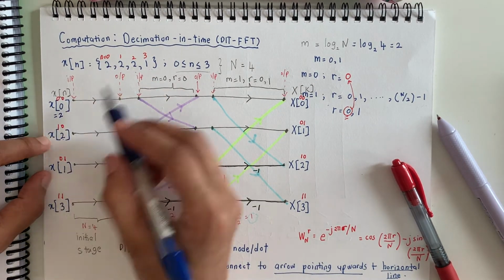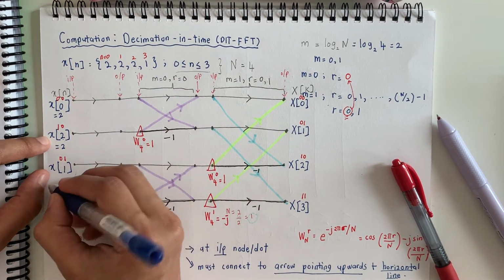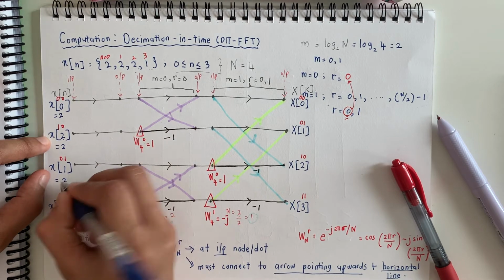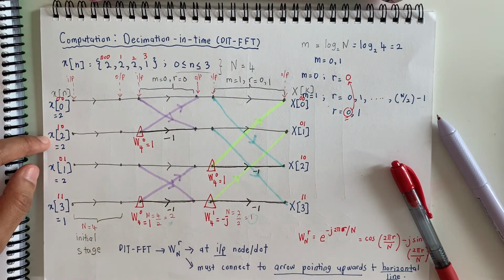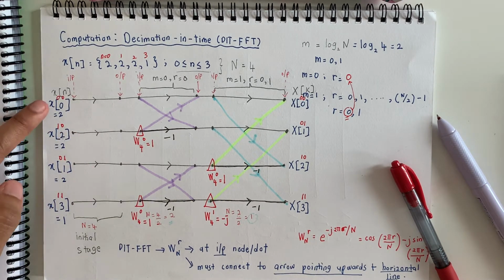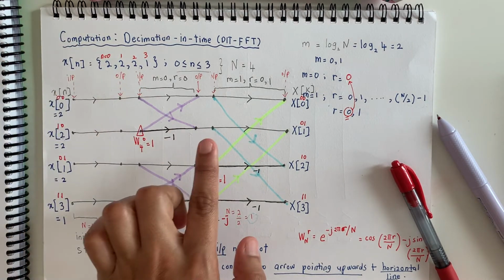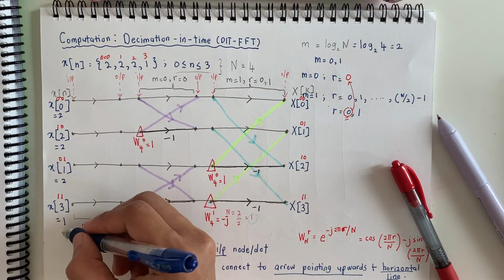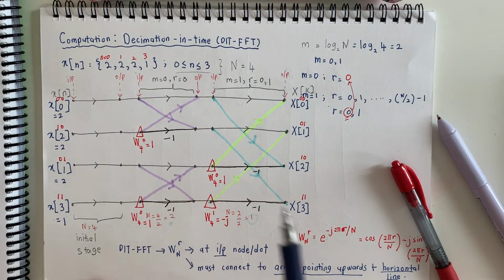When n equals 2, the value is 2. When n equals 1, still the value is 2. When n equals 3, the value is 1. This is very coincident. What happens if we have 1, 2, 3, 4? Then you cannot put 1, 2, 3, 4. You must follow your n. Alright, so now we will do the calculation.